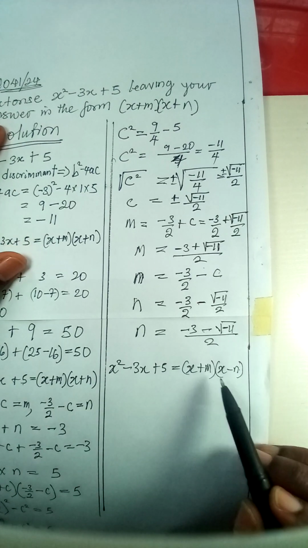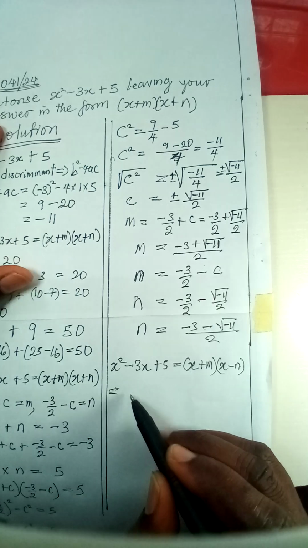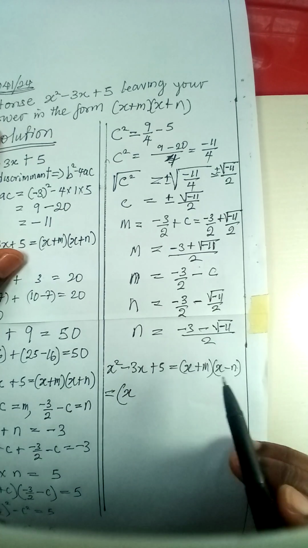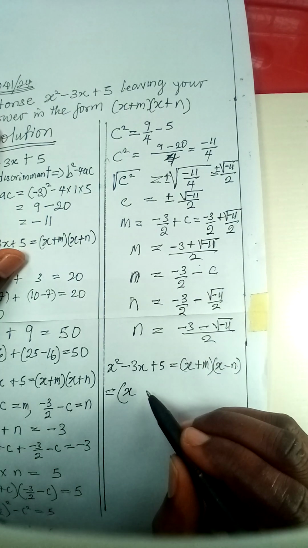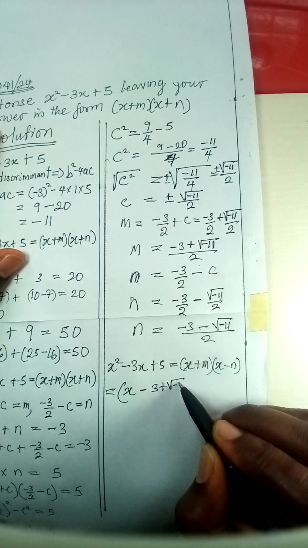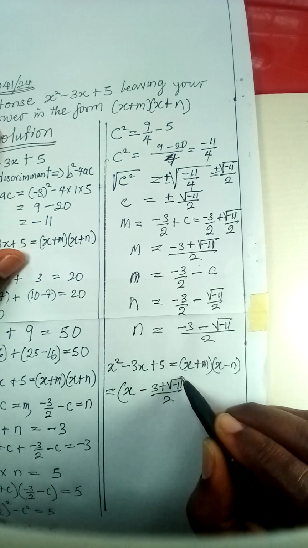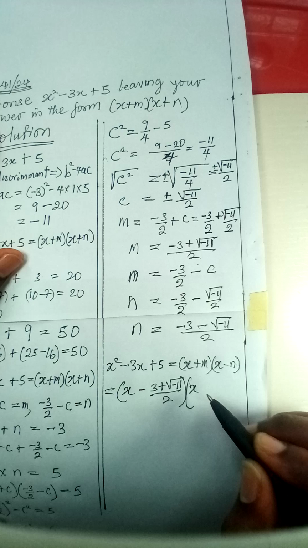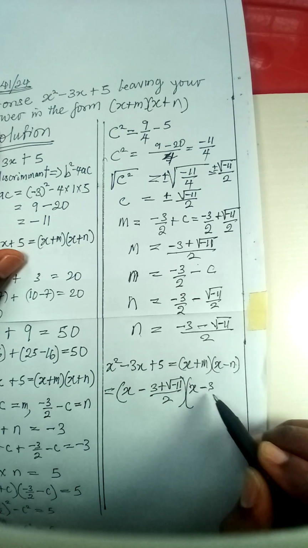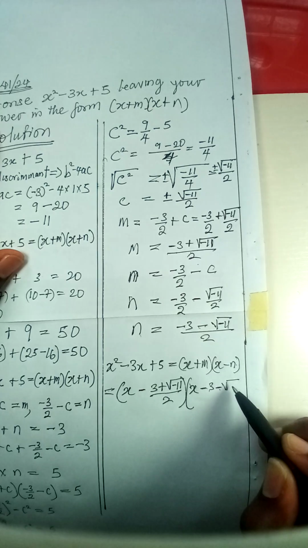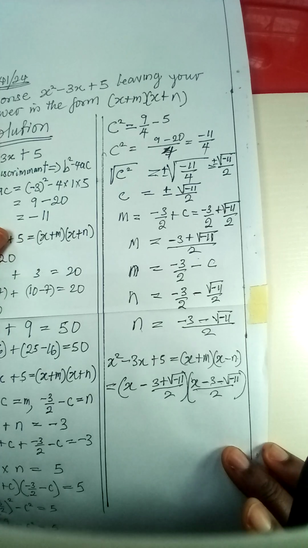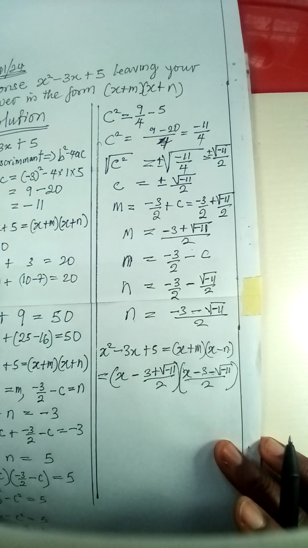Now substituting the values of my m and n here means that the factored form of this equation will be x plus my m, which is minus 3 plus root negative 11 all over 2, and x plus my n, which is minus 3 minus root negative 11 all over 2, and this is the required solution.